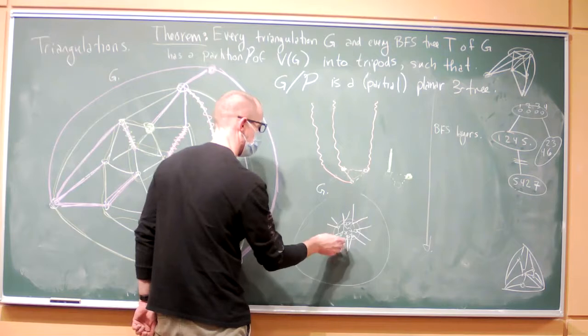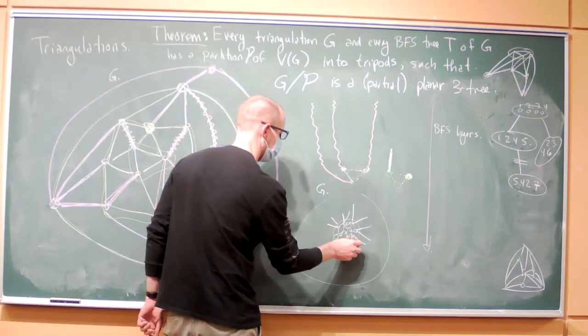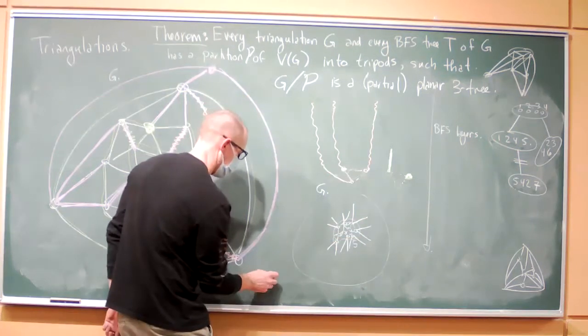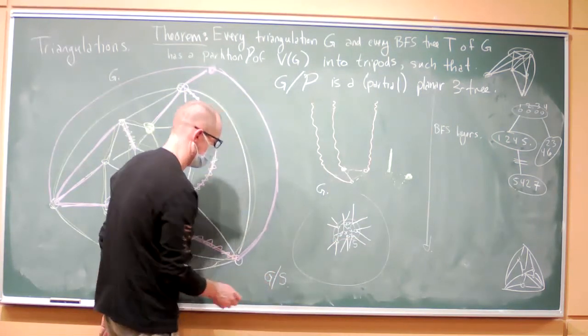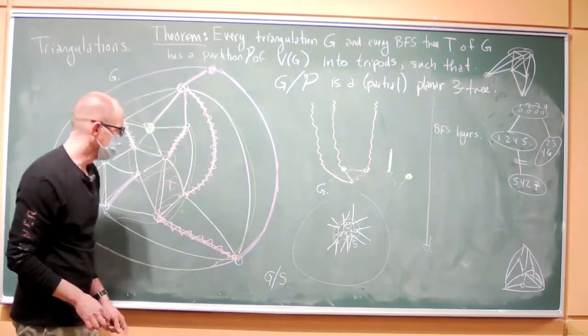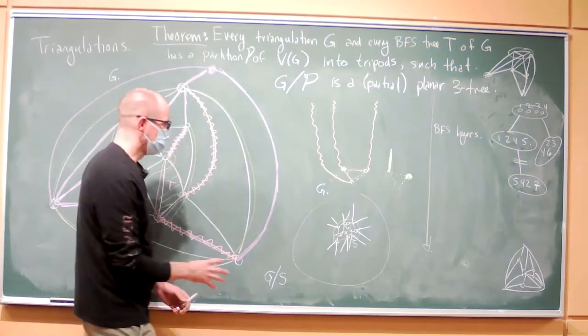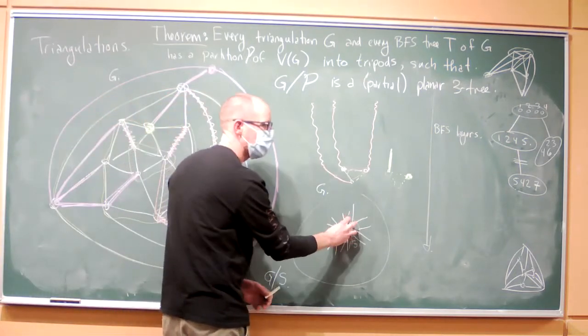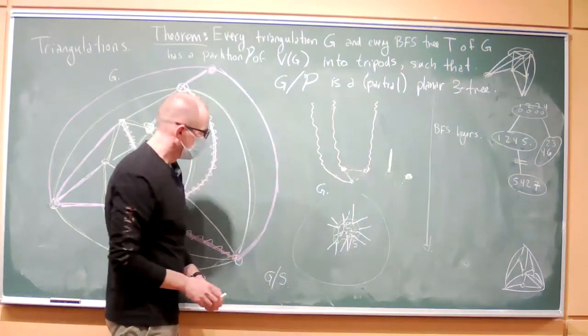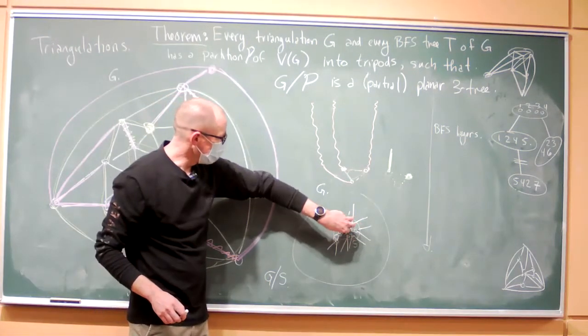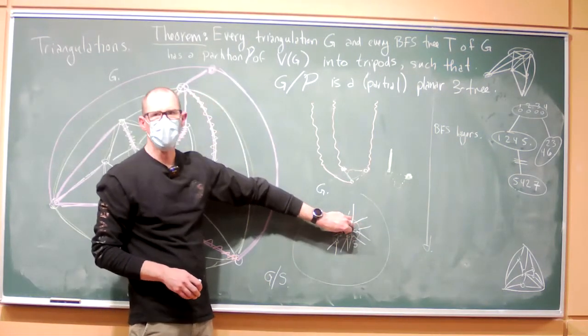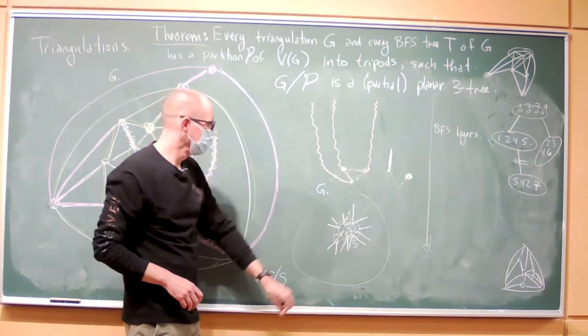So let's say this set of vertices is, let's call it S. And if I take the quotient graph G divided by S, that means the graph where I take all these vertices and just make them into one. So all the edges inside this set disappear or become self-loops.